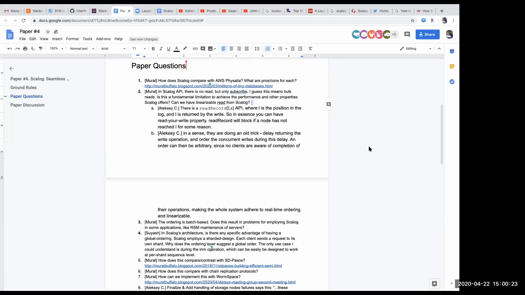My interpretation of the Physalia paper coupled with the Scalog paper was that one of the major drawbacks, based on just reading it and trying to imagine the real-world use case, was that in Scalog they spoke about ordering layer failures and expecting them to be transient. Therefore, clients are essentially blocked until the ordering layer comes back up, and the ordering layer is the piece that orchestrates the global cuts for all the shards.